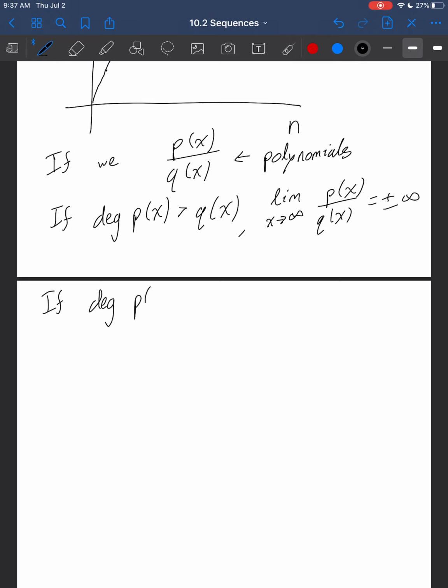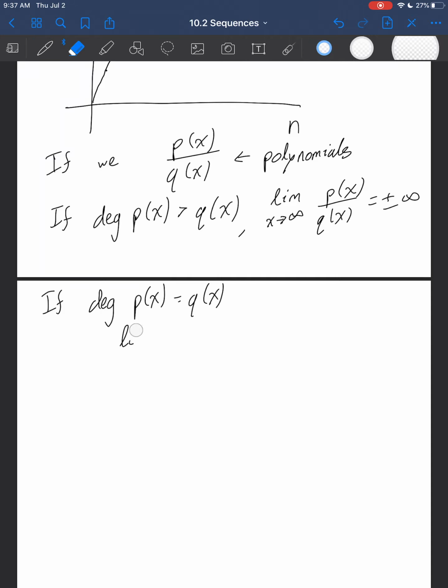If the degrees are the same, then we're going to look at the leading coefficient. Remember, the leading coefficient is the coefficient in front of the term with the biggest power.